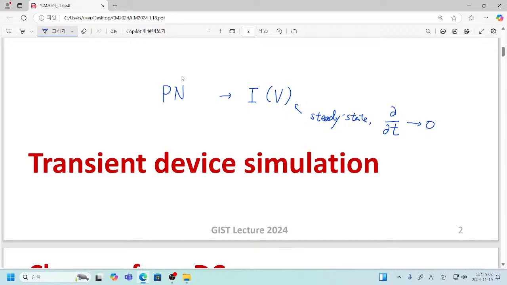Although this steady state simulation is the very basic and fundamentally important one, in many cases we want to perform transient device simulation.